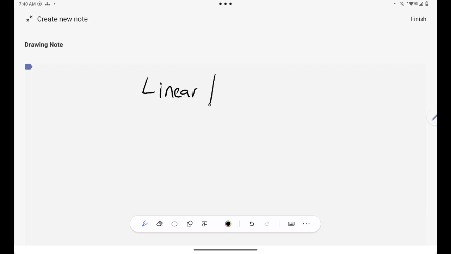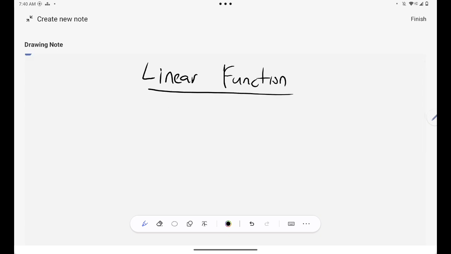Linear or uniform function. Please note, guys, a linear function should always be in this form. Are you together?